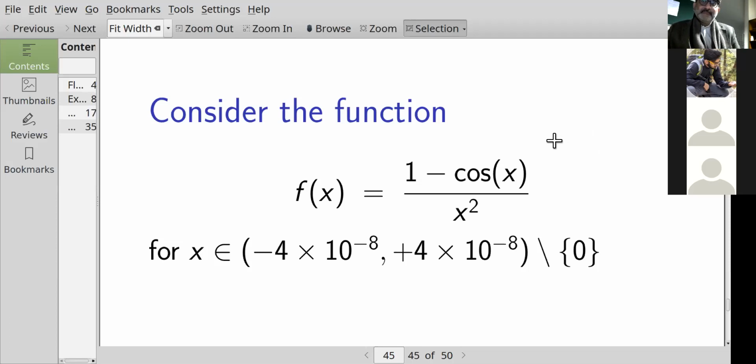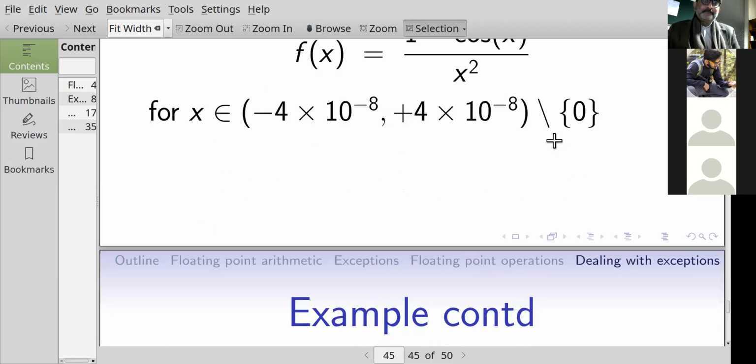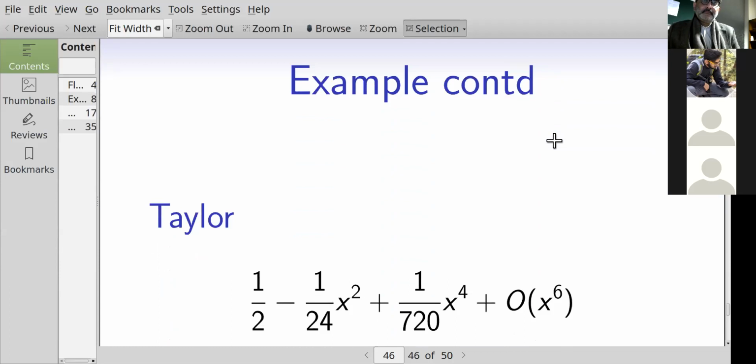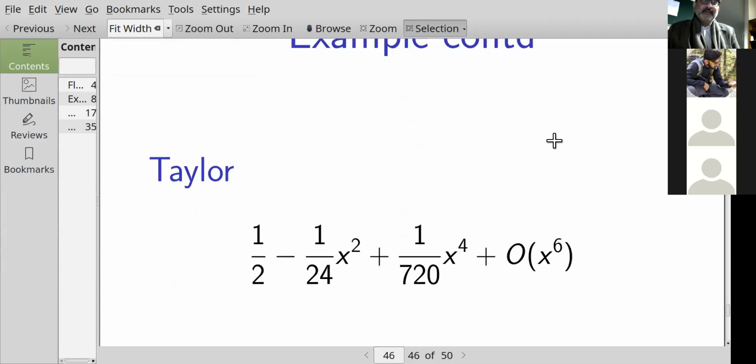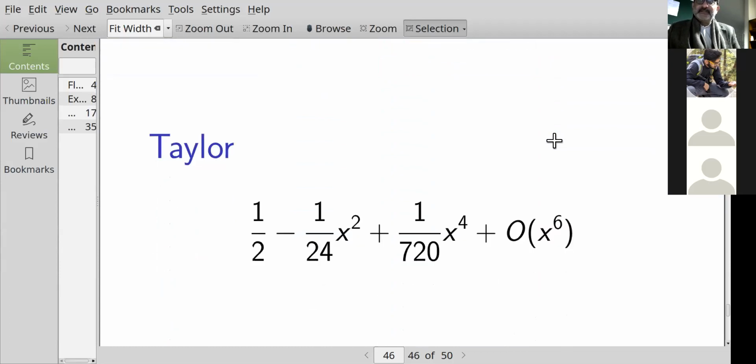Okay. Let's see what happens. So once again, this is the Taylor series for that expression. So for x very small, I would like to get numbers that are very close to 1/2.